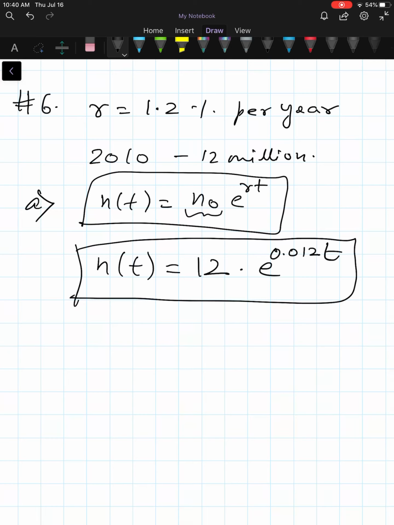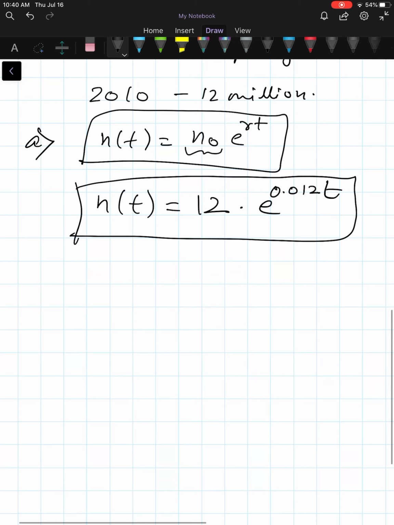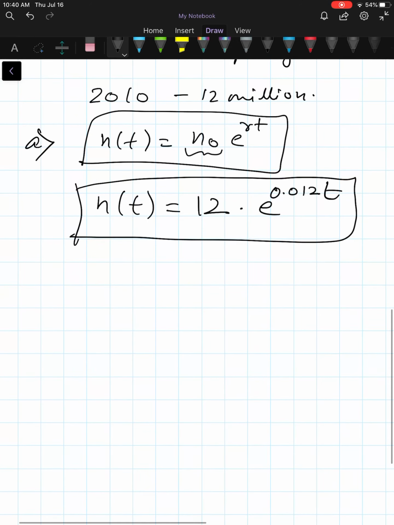Okay, so now the second question is, estimate the fish population in the year 2015. That is, in 2015, what is N of t?